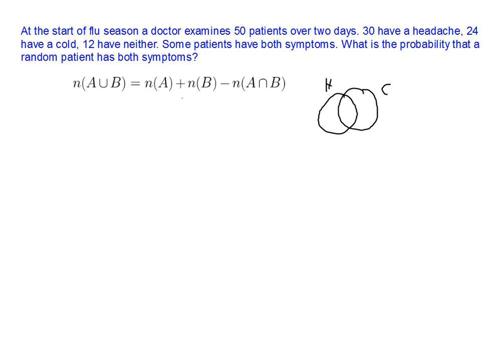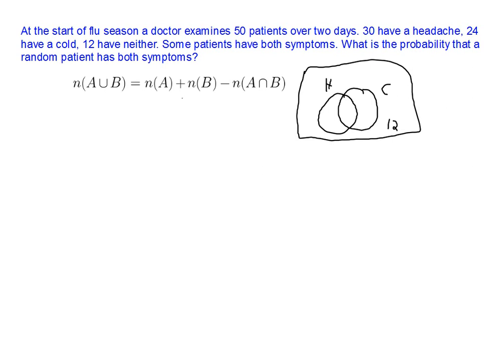We know that there are 12 people who have neither. So the universal set here is a set of all patients that the doctor saw. So we'll just draw a box around all of this so that we have a spot to indicate neither. So that's going to happen right here. And we know that 12 have neither. So we'll just put a 12 outside here.